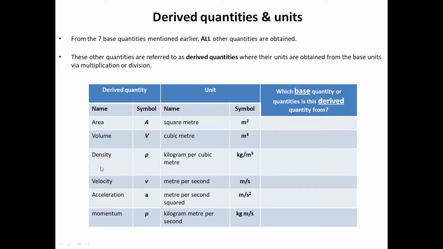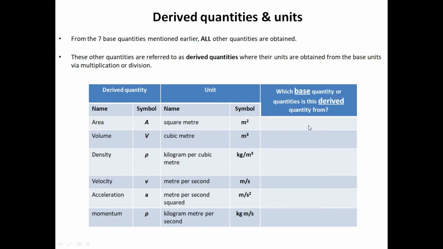For density, the unit is kilograms per meters cubed. For velocity, the unit is meters per second. Acceleration, the unit is meters per second squared. And momentum, the unit of momentum is kilograms meters per second.